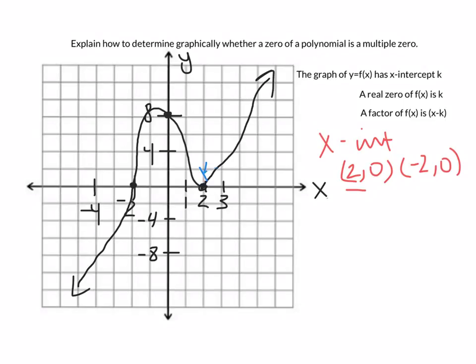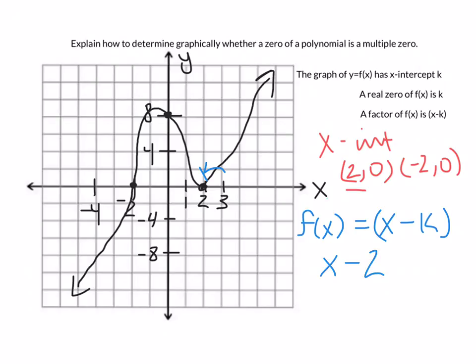So now if I were to say that f of x is x minus k, then I can go ahead and translate this particular intercept and say that we must be talking about x minus 2.